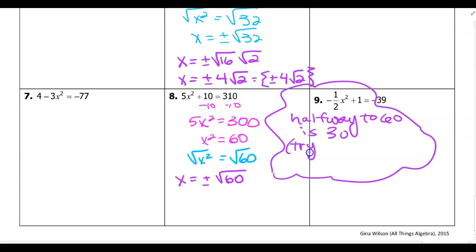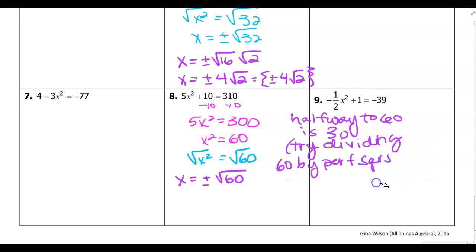So try dividing 60 by perfect squares up to 30.